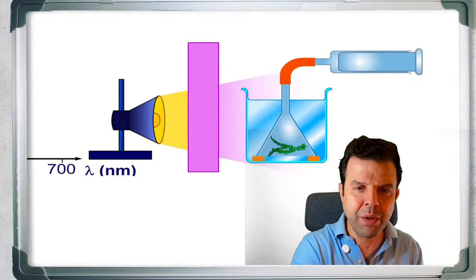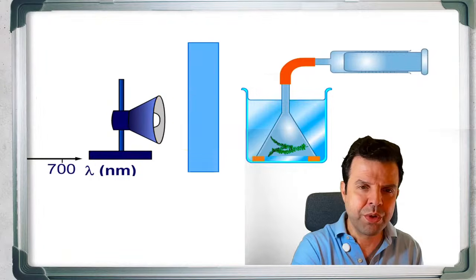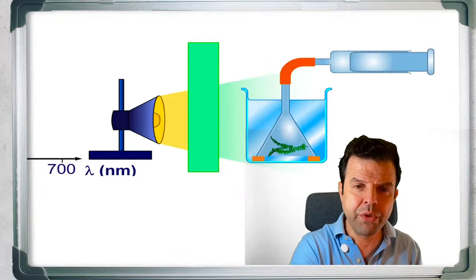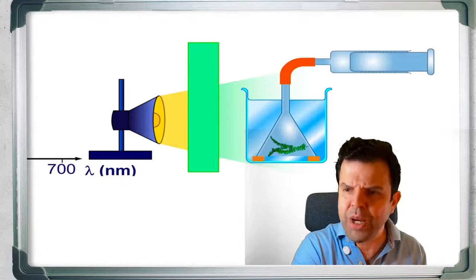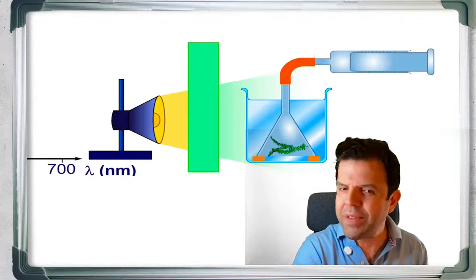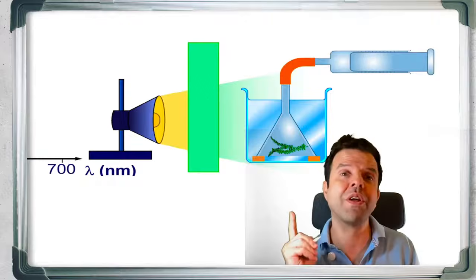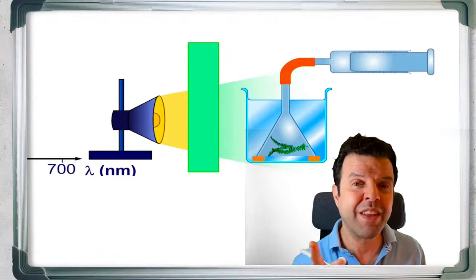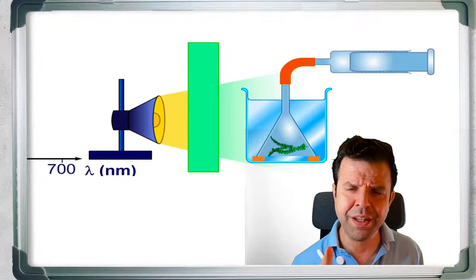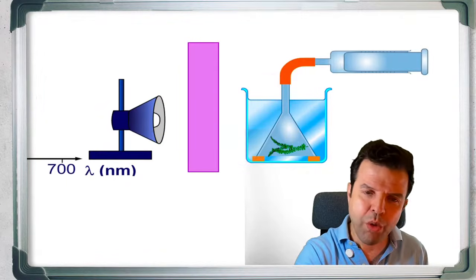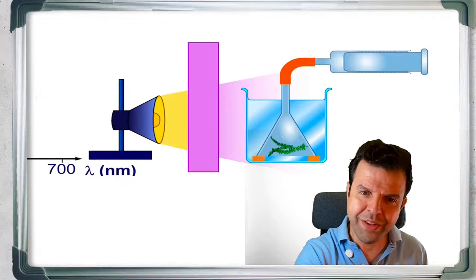So we tried purple, we tried blue, we're trying green. Whoops, not much is happening. When it's green, plants don't do photosynthesis, meaning they don't absorb it, meaning they reflect it. Look how many bubbles I got with purple, a lot, right?